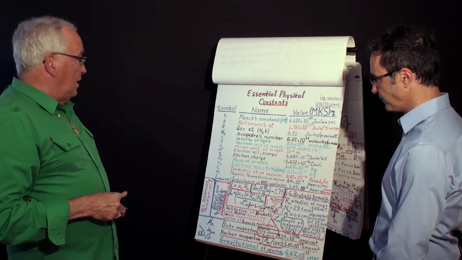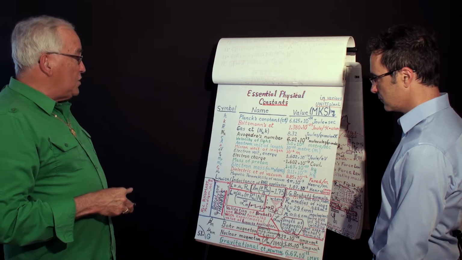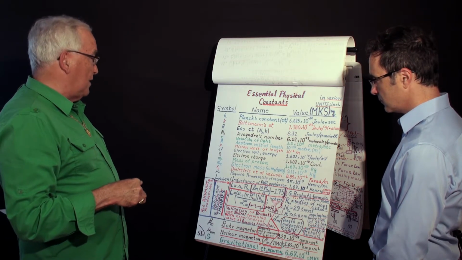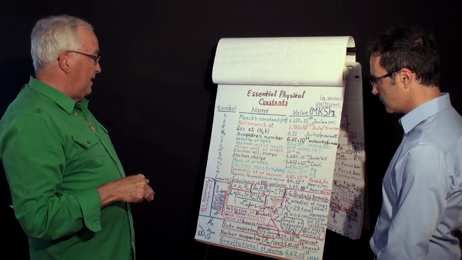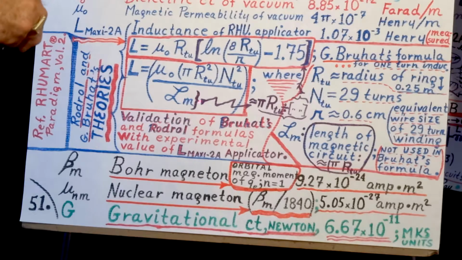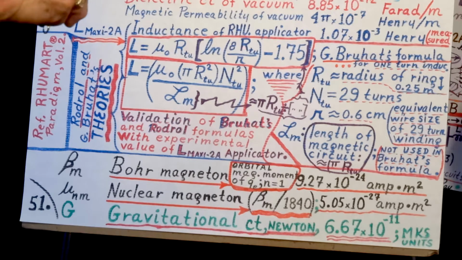Now if you take the formula that I showed you that we use to calculate when there are many turns, in this case you place n equal 1 and length of magnetic circuit like this, you end up with L equal to mu 0, the magnetic permittivity, times radius multiplied by this factor.